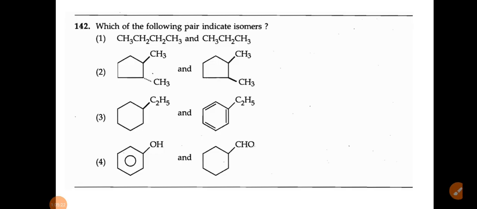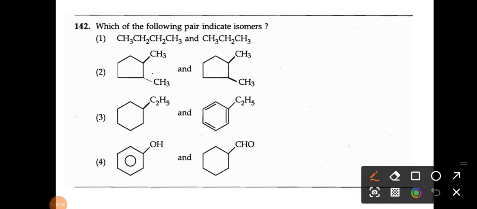Next one, which one of the following pairs indicates isomers? If you are looking at the structures, so definitely you are going to identify the isomers, right? So here you can see option number 2 is the correct answer. Okay, these are showing the isomers of each other.